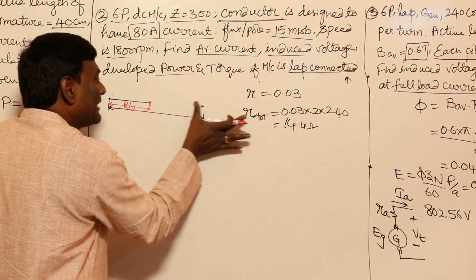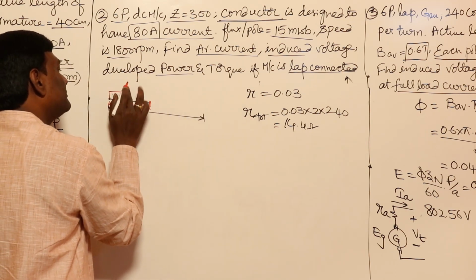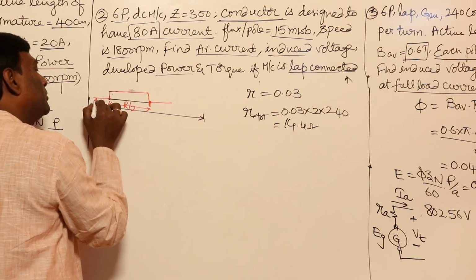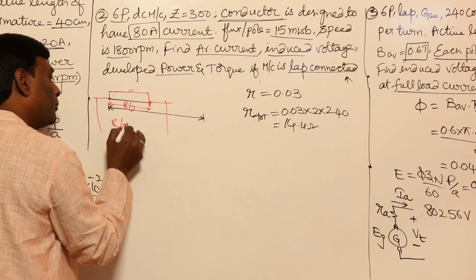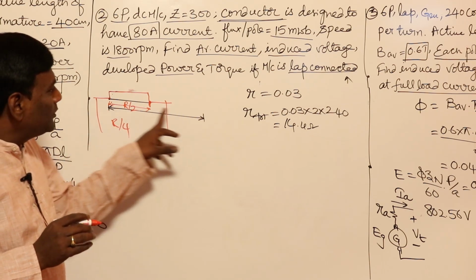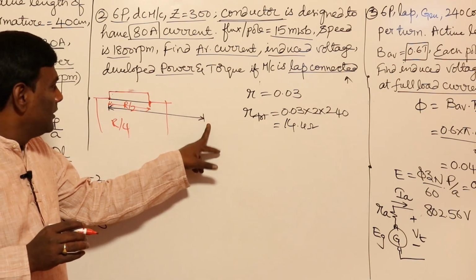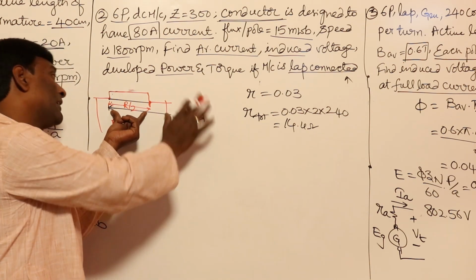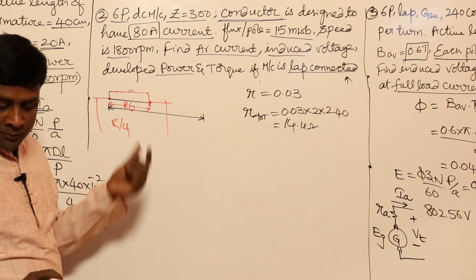If I connect these two R by 2 in parallel, it is going to be R by 4. Very simple. If I have this length of resistance as R, half is R by 2, the other half is R by 2, and if I connect these two in parallel, it is R by 4.